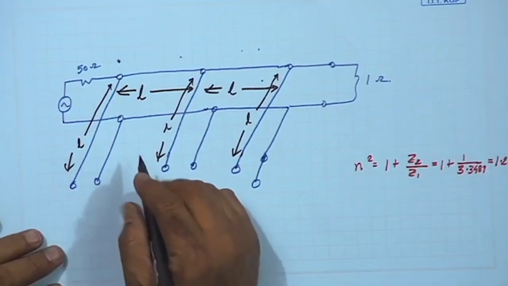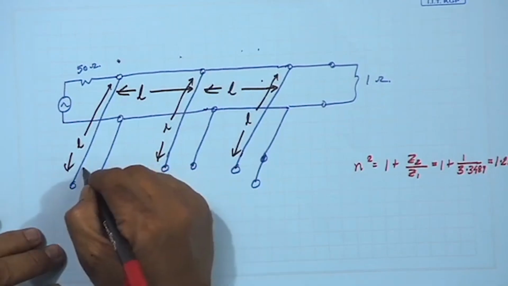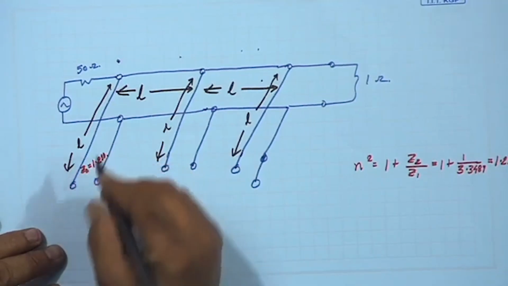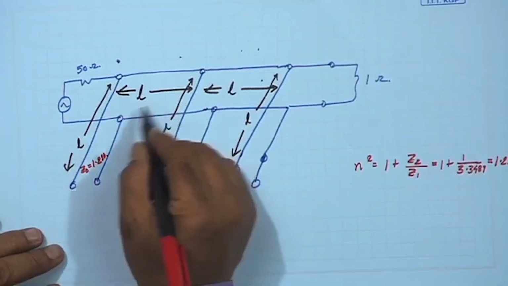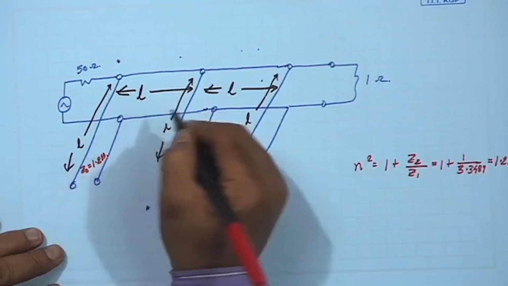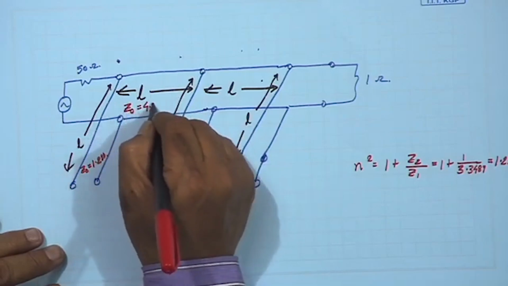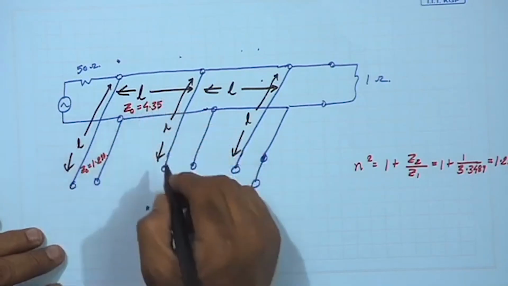So, the first one will have a characteristic impedance of 1.299. Then for this unit element, Z naught will be with that ratio, 4.35.